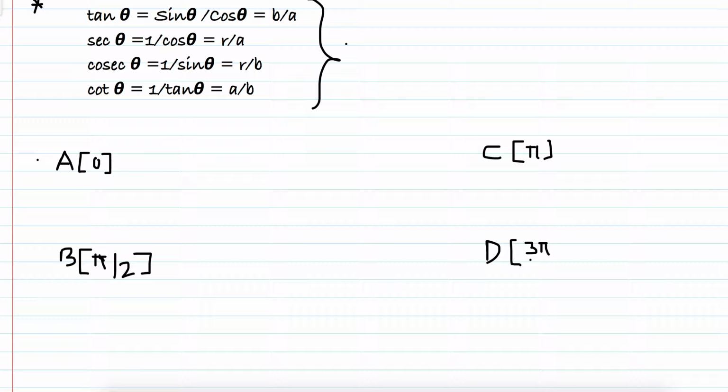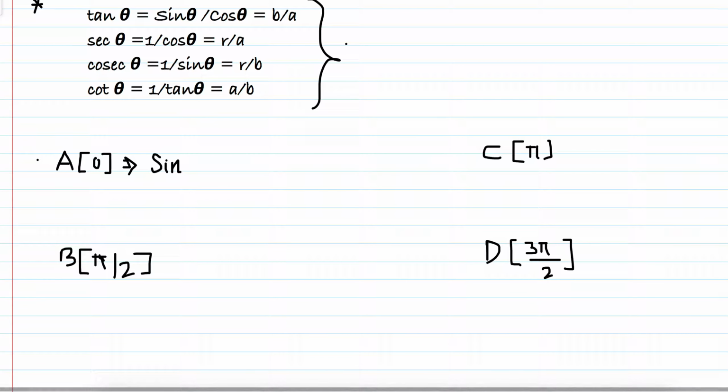Now I will calculate the values of sine and cosine at these points. So here theta is 0, so I can directly write 0.